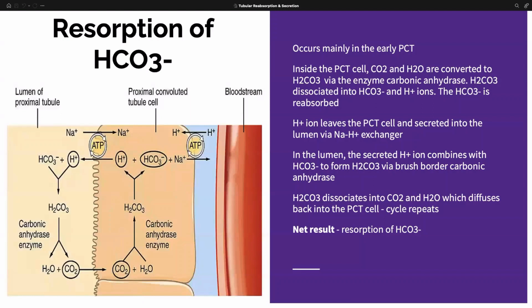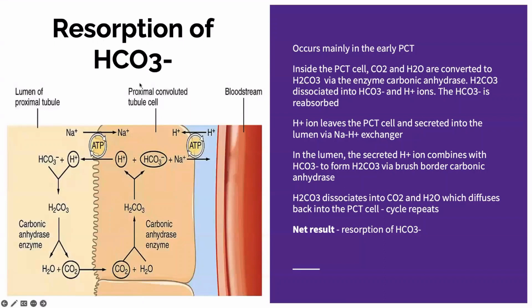And then once carbonic acid is formed, it's going to be broken down to form water and carbon dioxide with the help of the brush border carbonic anhydrase enzyme. And this carbon dioxide will eventually enter into the PCT cell, and this is how the cycle repeats. So the important thing is that the net result of this entire process is the reabsorption of bicarbonate ions.